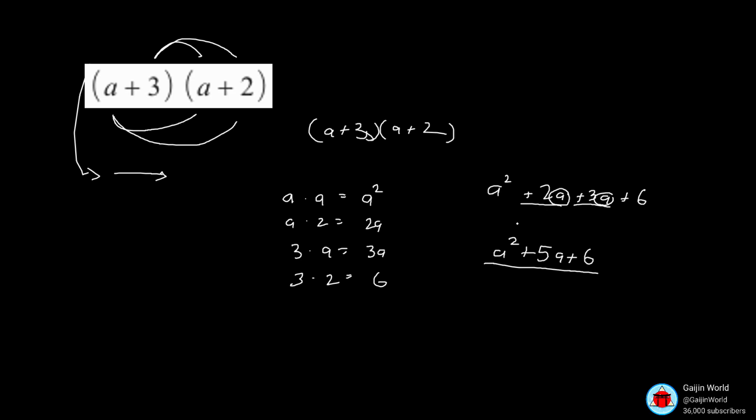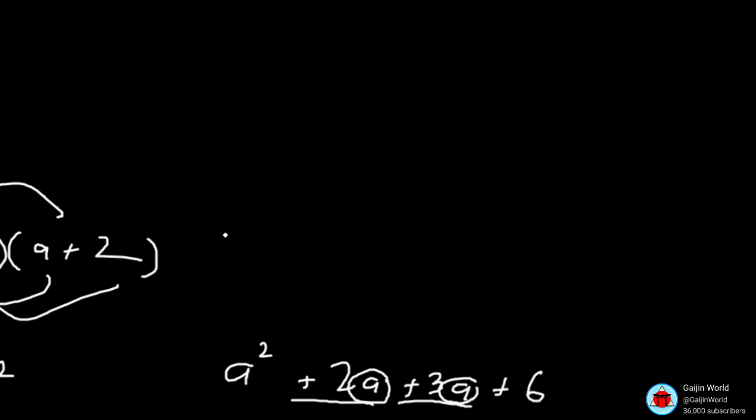But there's a formula for this, so you don't have to just do, well, you can if you want, just to be sure. You can do that if you want, or you can use the formula for this. So let's just say this is x plus a, then x plus b.